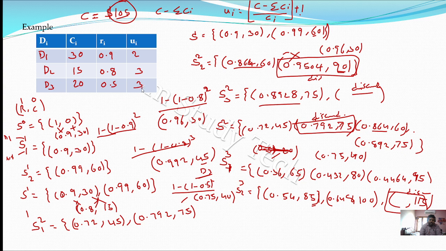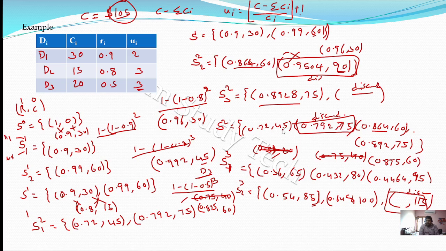So here also we require the third copy of D3, so that is 1 minus 1 minus 0.5 whole cube. What is the value? You can take 3 copies, that is 1 copy is 20, 3 copies is 60. Now we can see it is 3 copies, that is 0.875. So you can multiply, here it is 0.875 comma cost is 60.